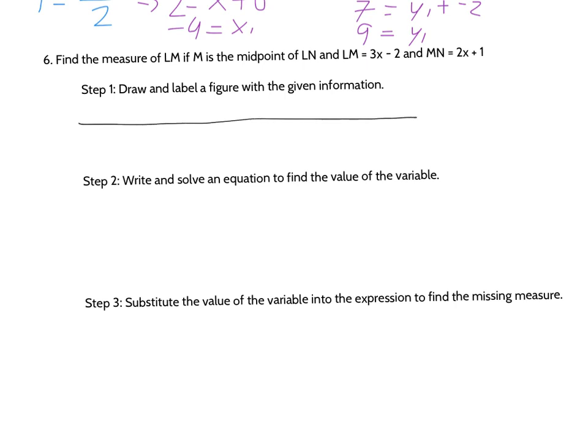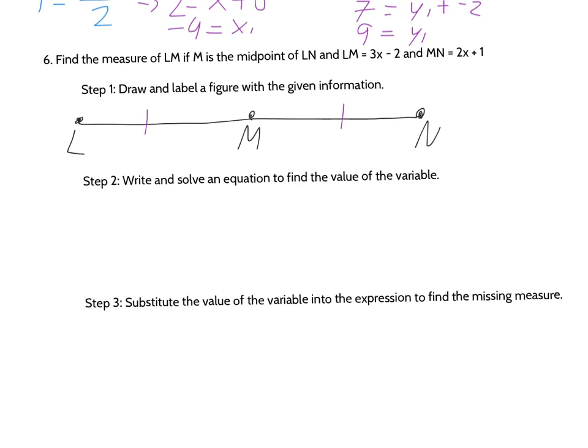So, here's our line. Put L down over there. We'll put N down over there. In the middle, we have M. And because M is the midpoint, that means that LM is congruent with MN.